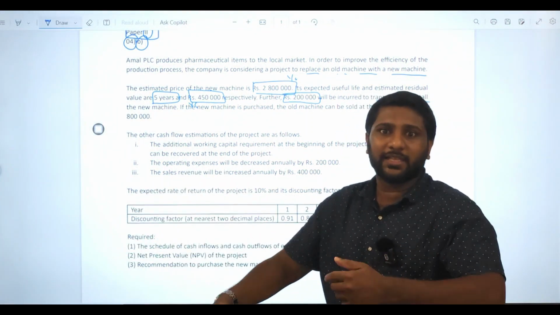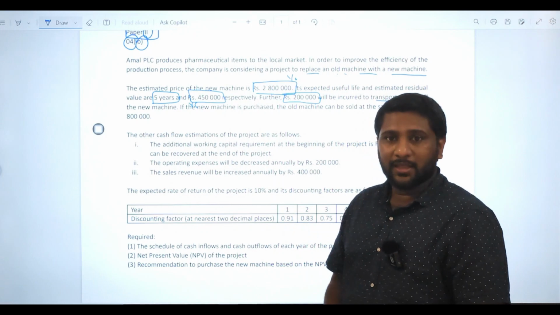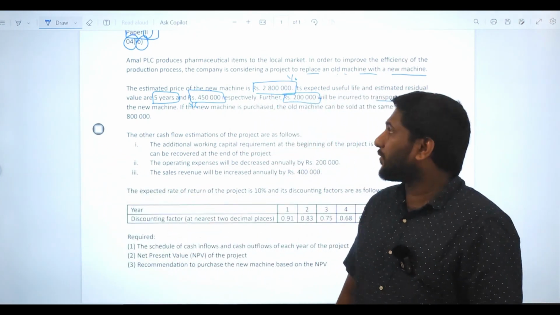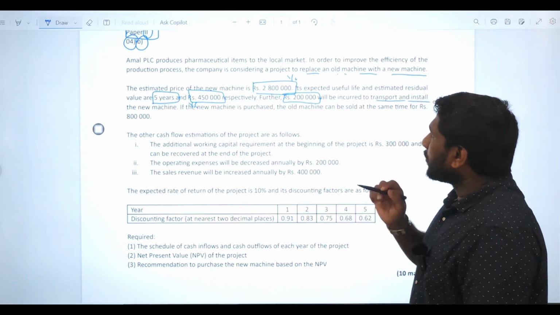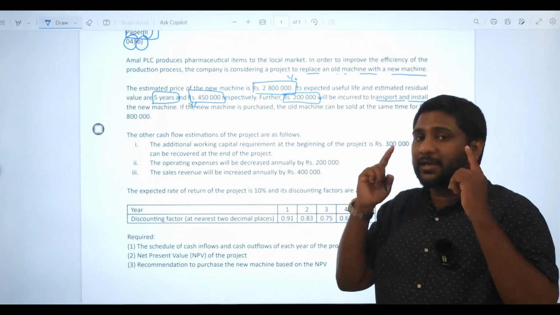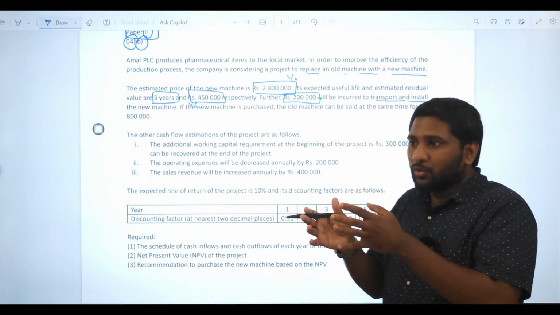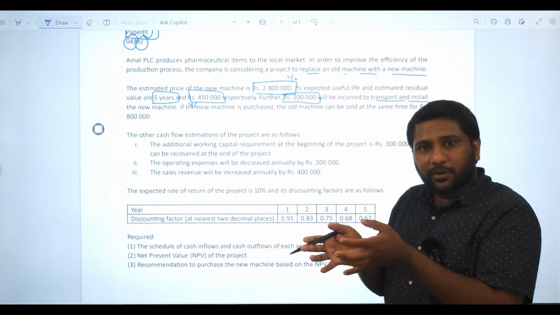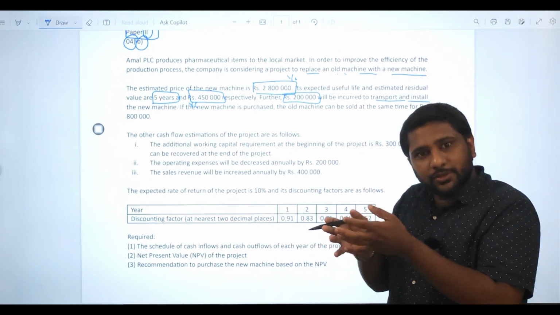For 5 years I have to use the asset. So if you sell the asset at the end of the 5th year, you will get that money, 450,000. Further, 200,000 will be incurred to transport and install the new machine. Understand, now you are going to purchase the asset today, year 0. Then you have to transport and install it also today, no?